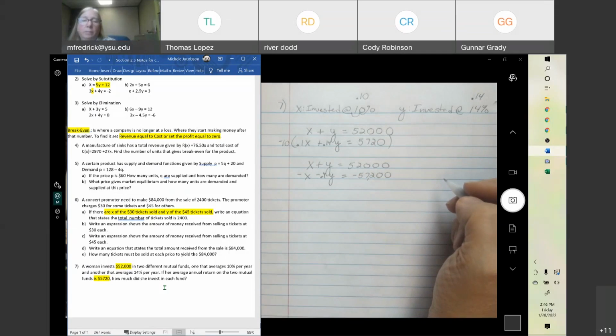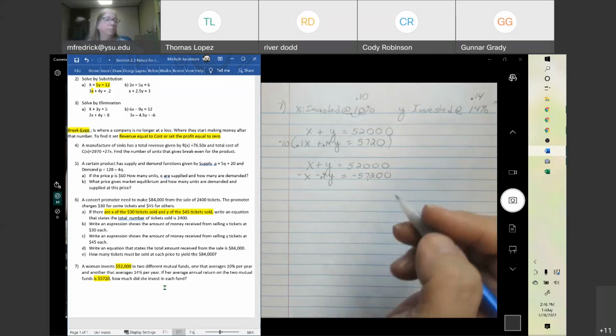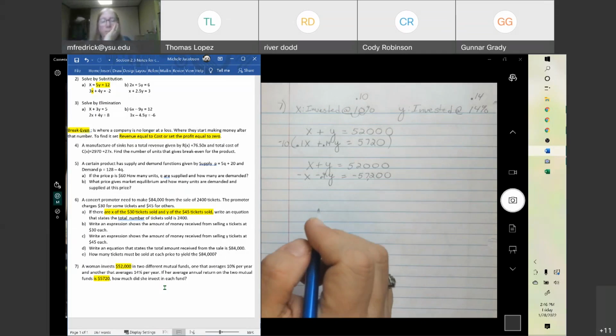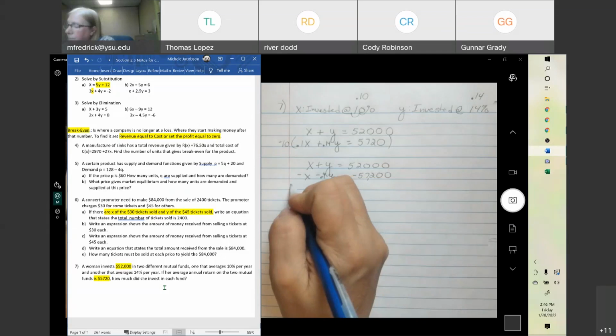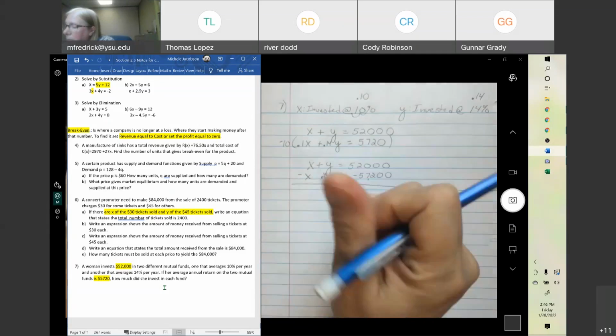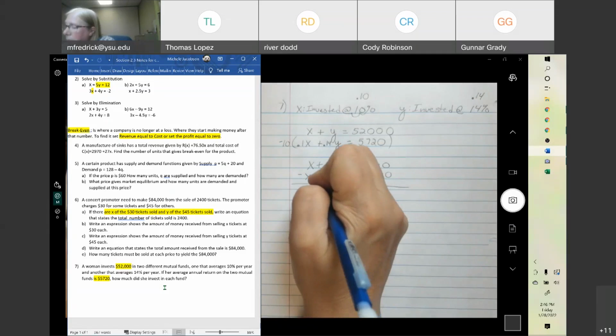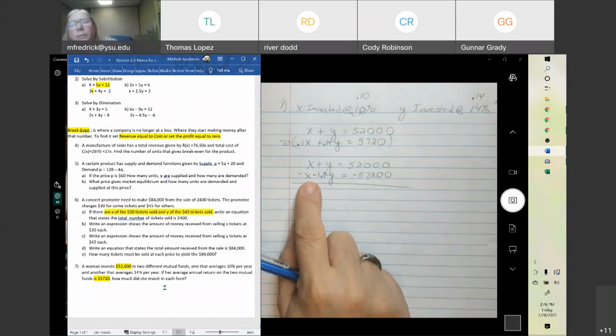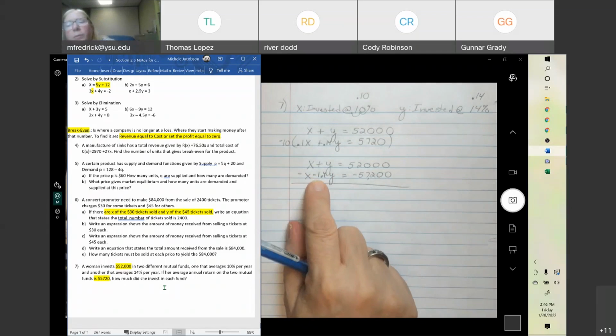Any questions? You go ahead and solve for Y. Be careful, there was a 1 here, negative 1.4.